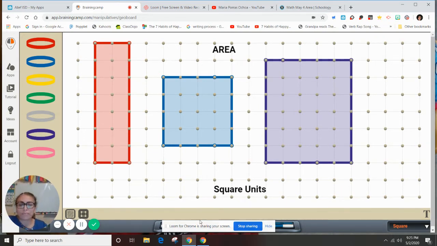If I'm going to count them, I'm going to count the units that I'm going to find inside this shape.